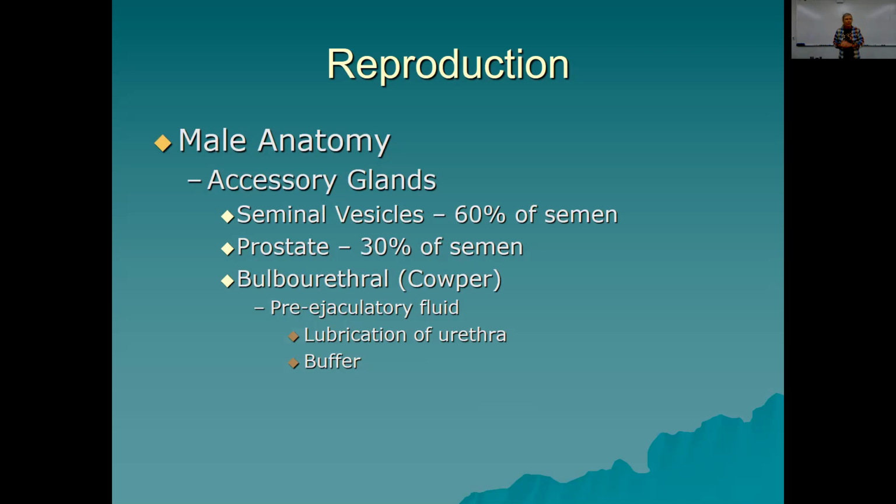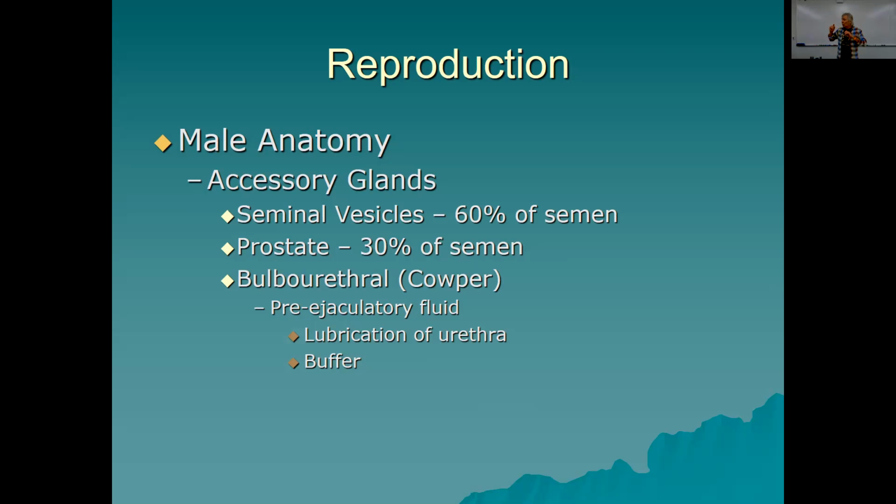A lot of people think it's lubrication for sexual intercourse, and actually it would help in that, but there's not enough of it to do a lot of good in that regard. Usual lubrication for sexual intercourse is mostly provided by the female. But what it does is it does lubricate the urethra.